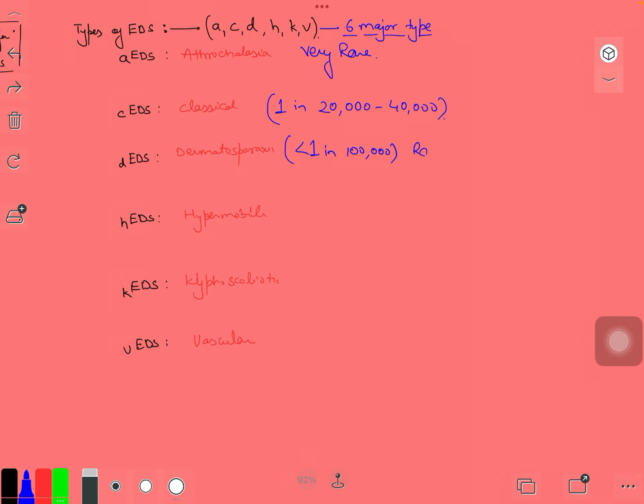So this is a rare variant. The H type is fairly common. It is about 1 in 5,000. Then the K type is 1 in 100,000. And lastly, the V type ranges from about 1 in 50,000 to 200,000.